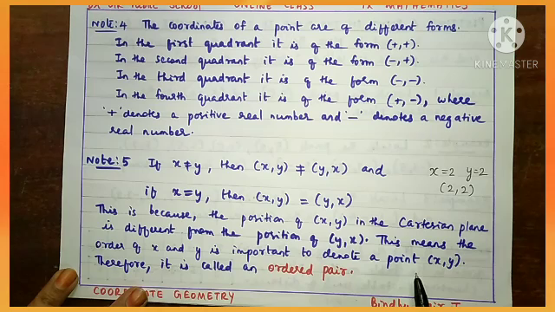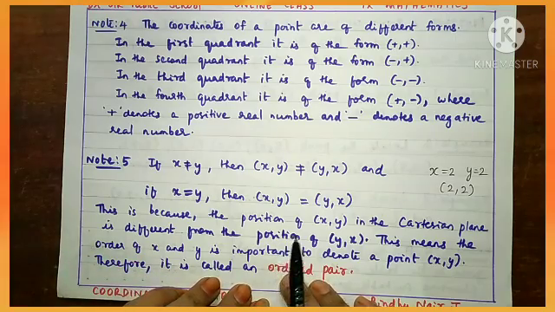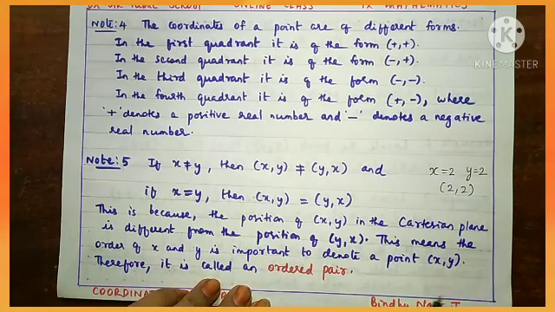So every time you represent a coordinate, the order is very important. Always x should come in the first place and y in the second place. Therefore it is called an ordered pair. Okay, children? All these are very important points. You should take notes properly and revise these notes.